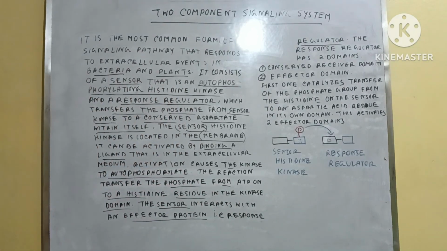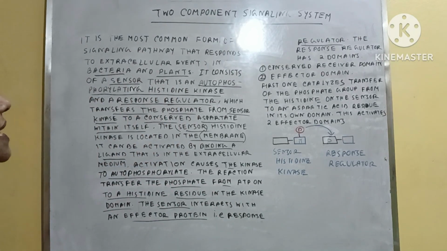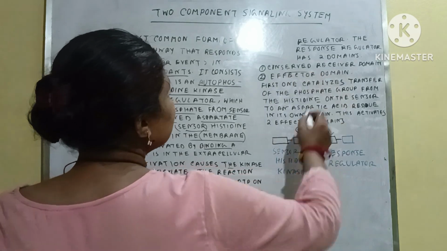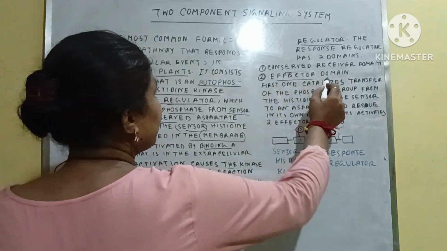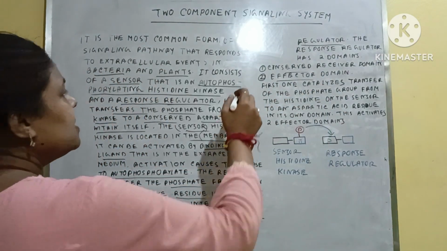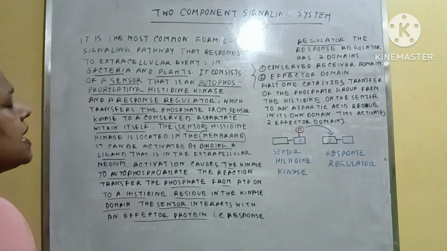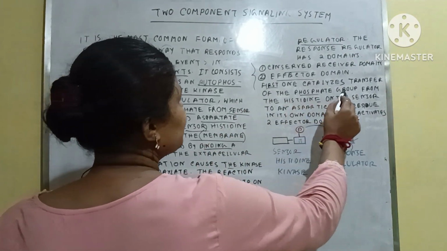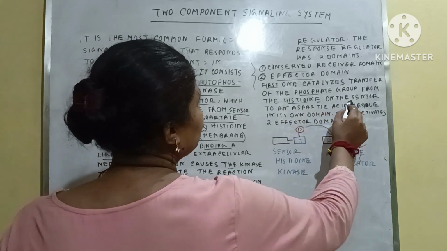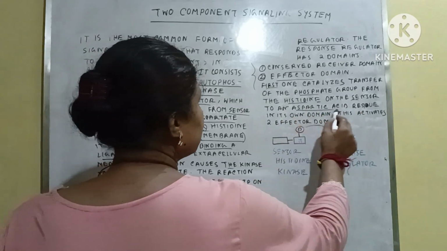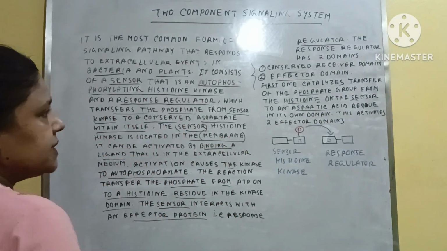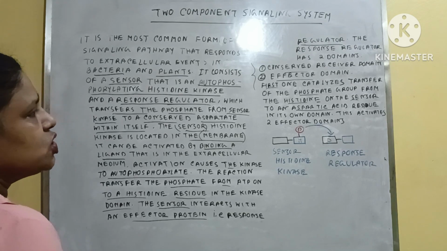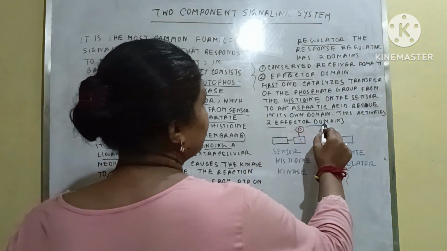This response regulator has two domains: one is the conserved receiver domain and another is the effector domain. And what is the role of these two domains? The first catalyzes the transfer of the phosphate group from the histidine of the sensor to the aspartic acid, and this activates the effector domain.